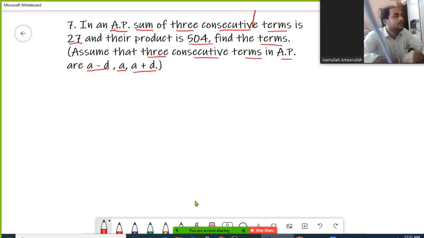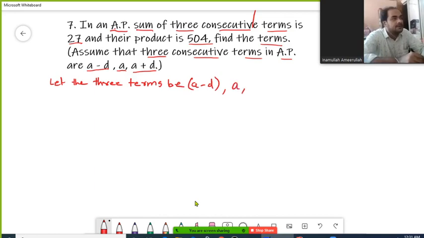So here we will consider, let the three terms be A minus D, this is my first term, A, this is my second term, and A plus D, this is my third term. So we assume these are three required terms.